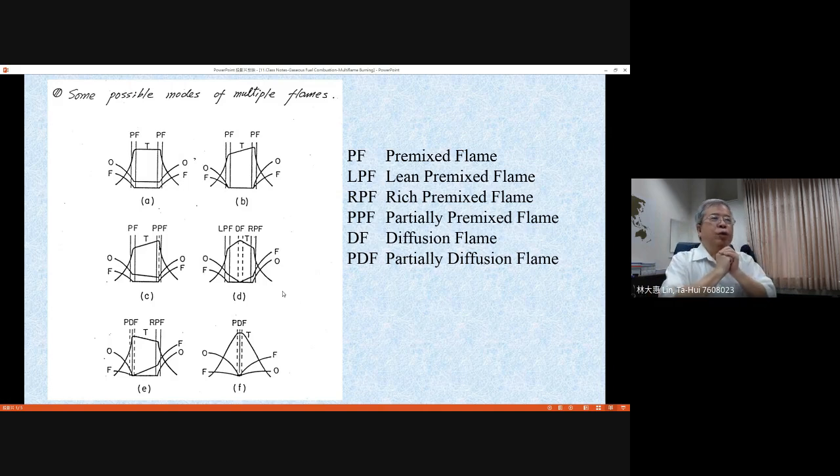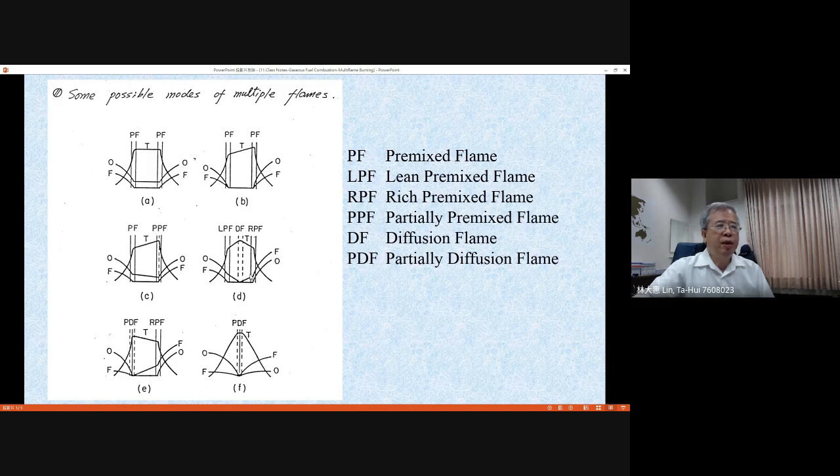Now in case D, we try to bring two different kinds of premix frame together. One is lean, the other is rich, from the upper flow and the lower flow, and then see what happens. You can see on the right-hand side, this is a rich premix frame because the fuel concentration is higher than the oxygen concentration.